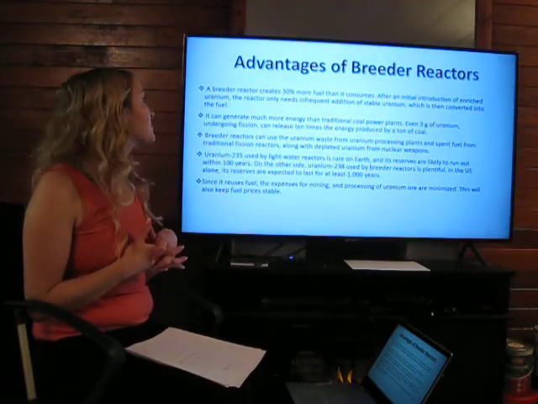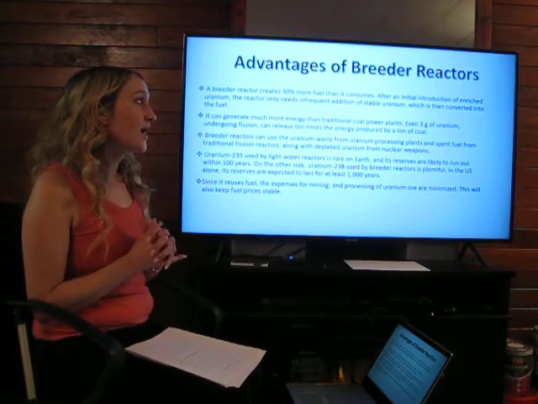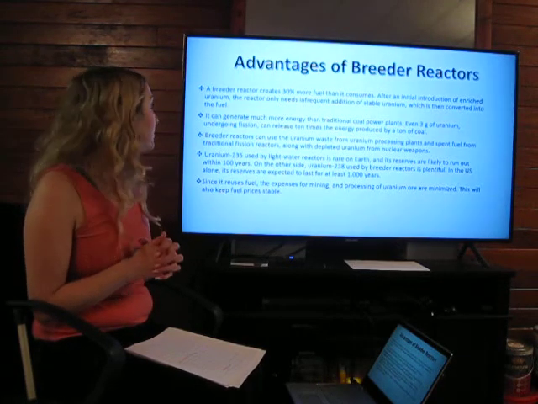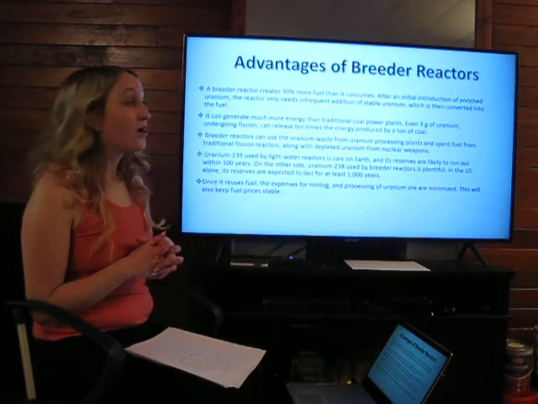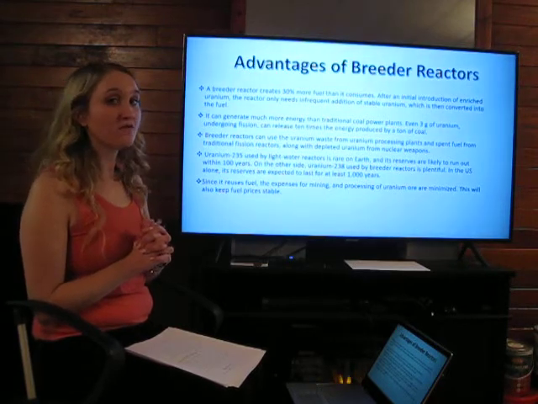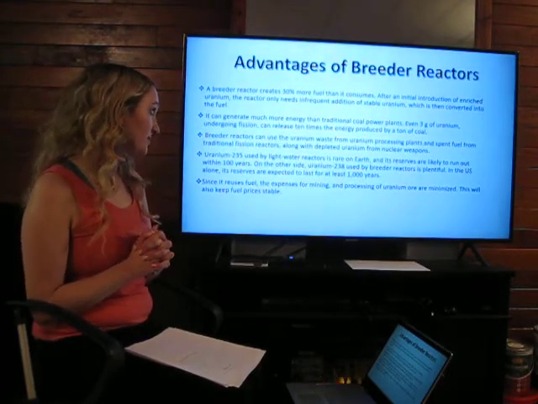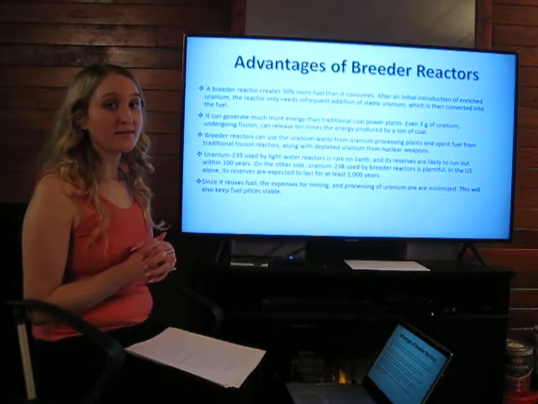Even 3 grams of uranium undergoing fission can release 10 times the energy produced by a ton of coal. Breeder reactors can use the uranium waste from uranium processing plants and spent fuel from traditional fission reactors, along with depleted uranium from nuclear weapons.